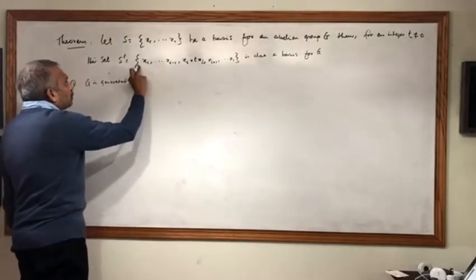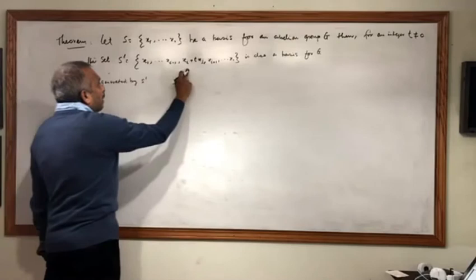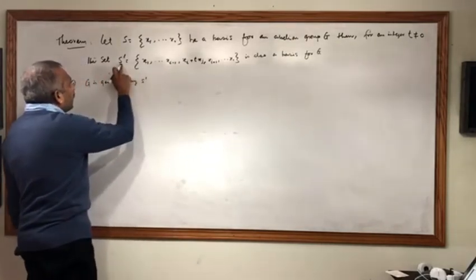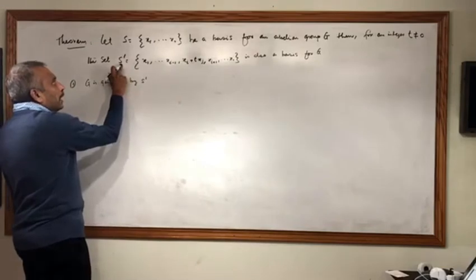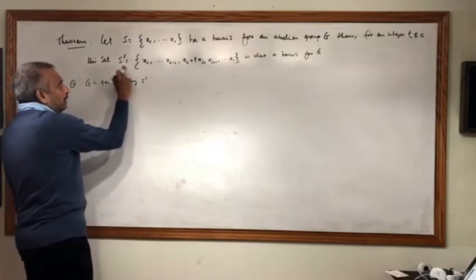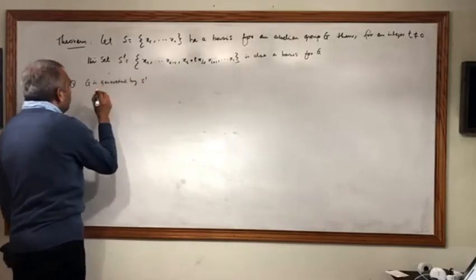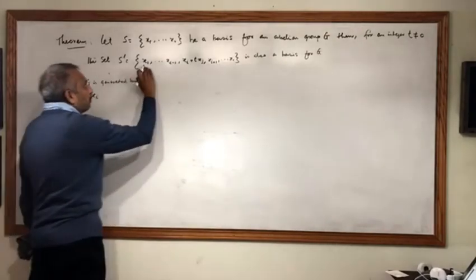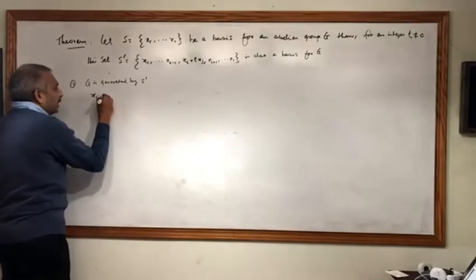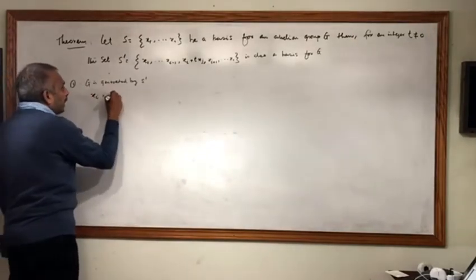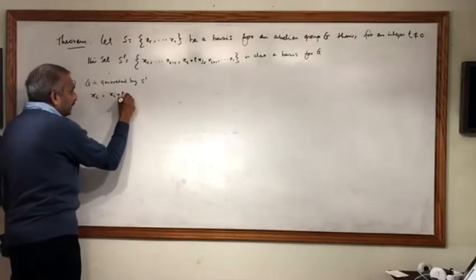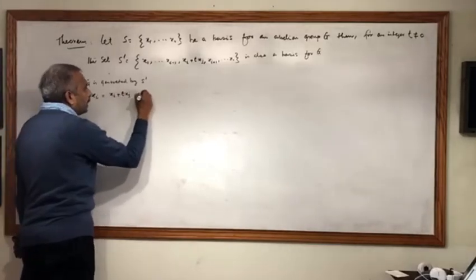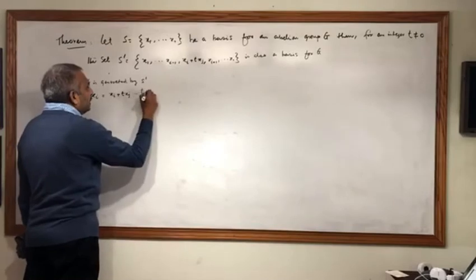So if you find a way of recovering xi from the elements of S', then we are done. Meaning we need to find xi in terms of elements from here, and that is equal to xi plus txj minus txj.